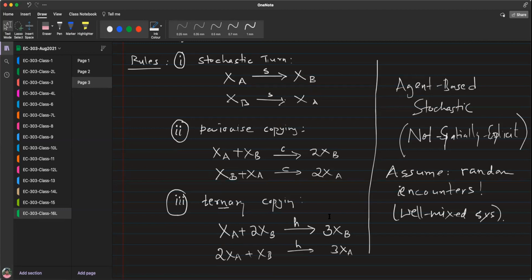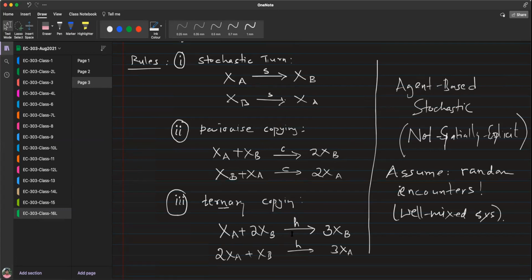Are the rules clear now? So let us assume a scenario where S is very, very high, C is medium, and H is very large. It means that this interaction happens more frequently than this interaction. On the other hand, if C is very high and H is very low, this happens very frequently compared to this.